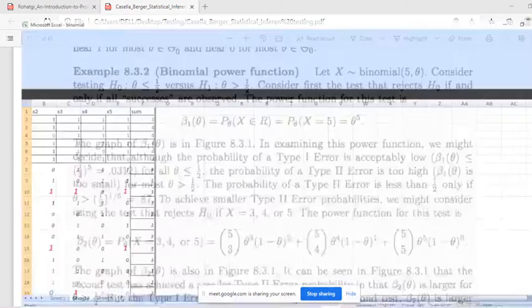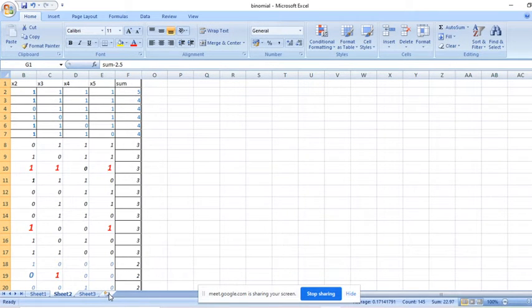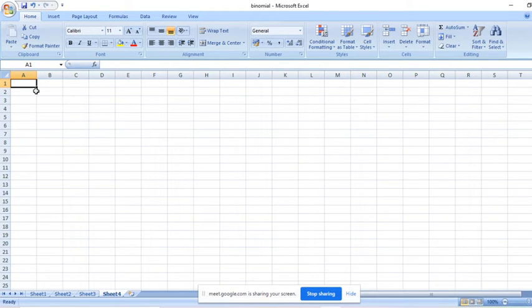X is the number of successes: 0, 1, 2, 3, 4, 5.